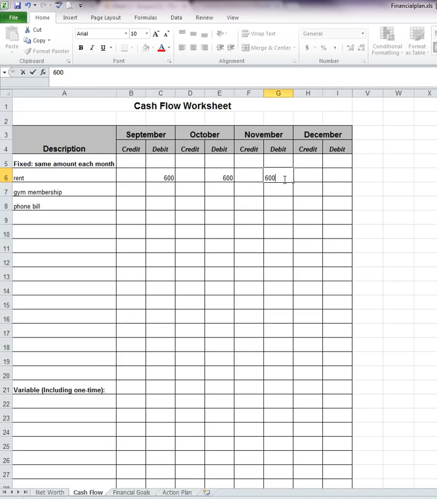So you can go ahead and put this in because it's not going to change, even though we're not in December. And then your phone bill is whatever it is a month. So these are all fixed costs that do not change.